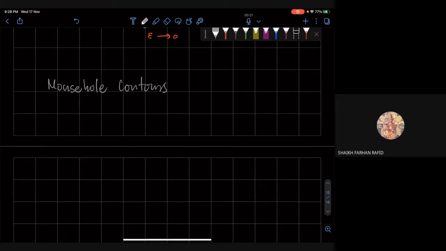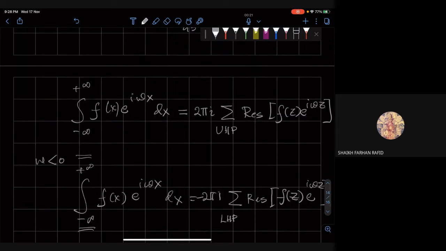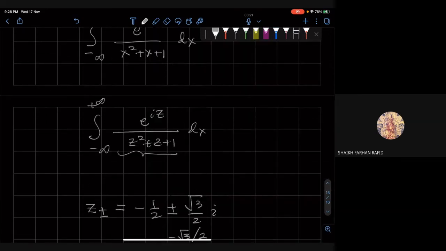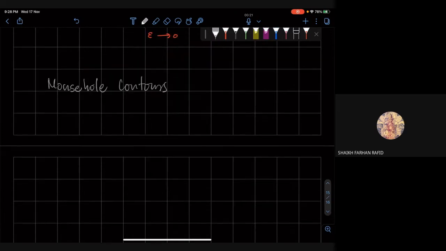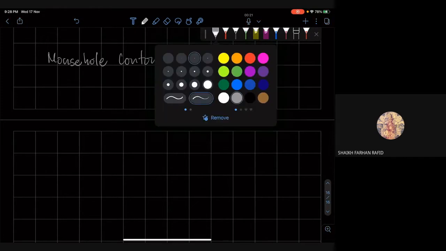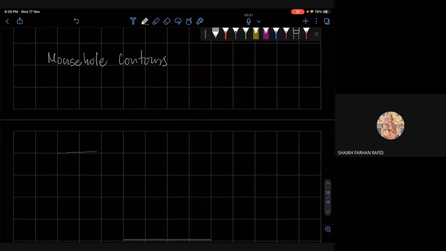So Mousehole contours: the contours that we looked at before, we took the limit going to infinity. Here, the limit would be going to 0. So what are Mousehole contours? Suppose that we have some axis or some line, and we have on that some point over here.